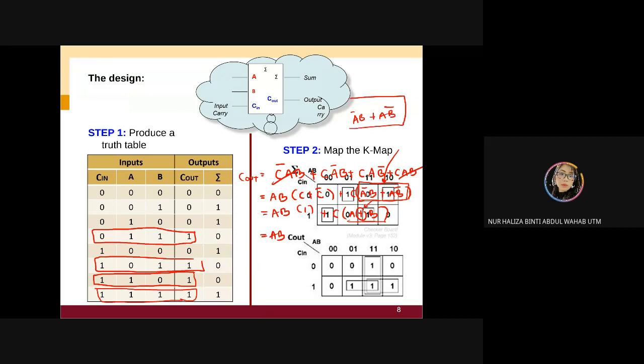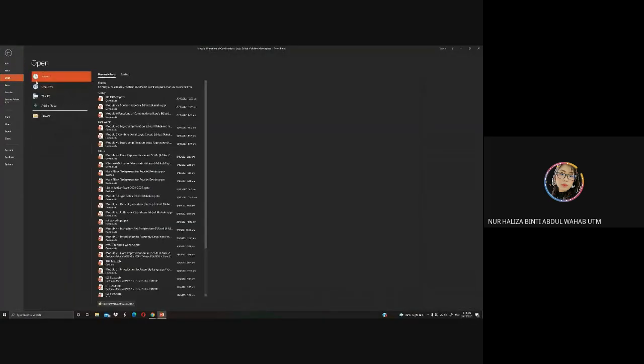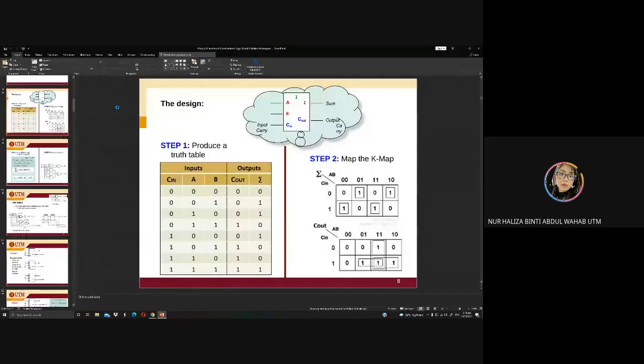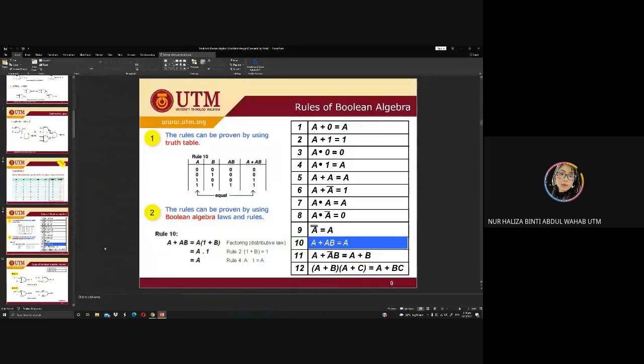Is it in the rules? Those 12 rules, or maybe law number 3. A B bar is not there.